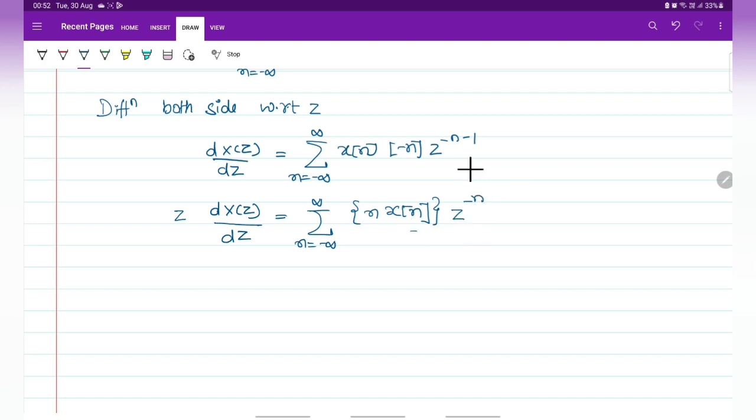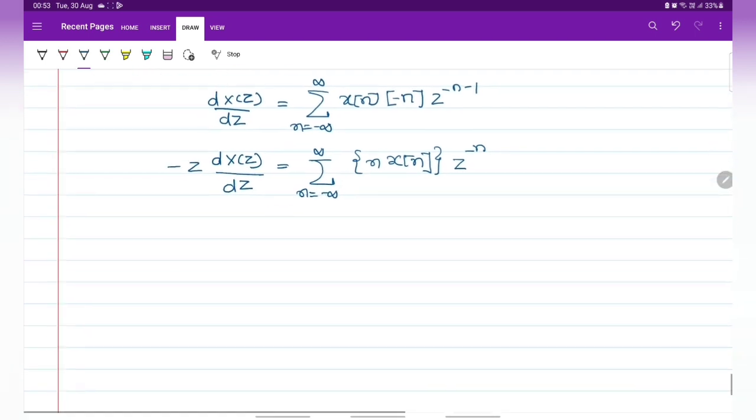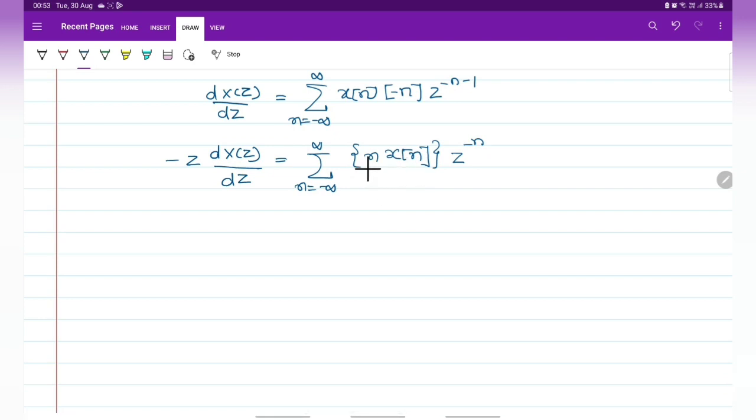Okay, so actually it is minus n minus 1. Instead of minus 1 we can write like this. Later on, with the help of cross multiplication, we can move this to the left side, and we have n here, right? Minus n here, so we can move this minus sign to the left side, so this will be minus. Okay, now this looks like Z transformation of n into x of n.